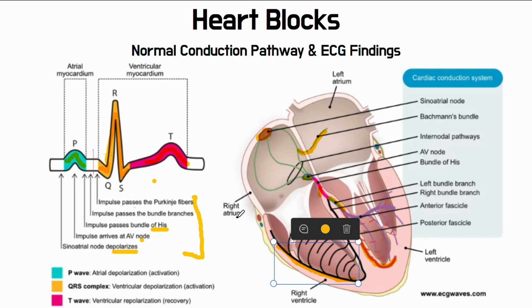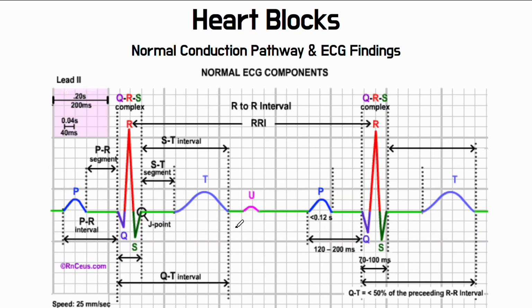So let's just begin. How do we actually read an ECG? You might know about that, but we are also trying to give a detailed guide to read an ECG as soon as possible, so stay tuned until that happens, right? So we talked about it. The P wave here indicates atrial depolarization, right?